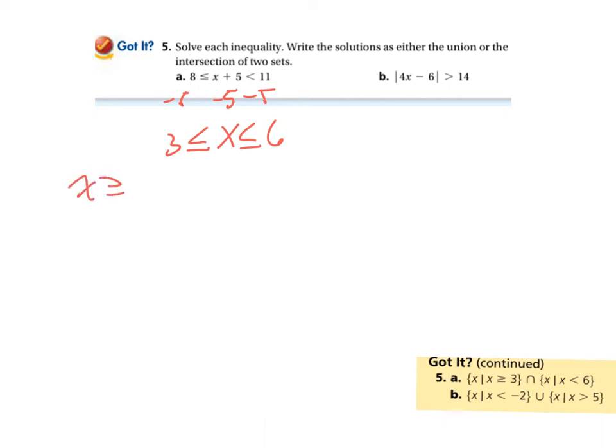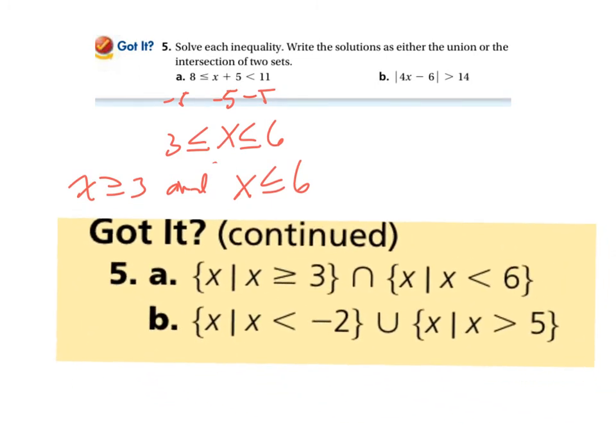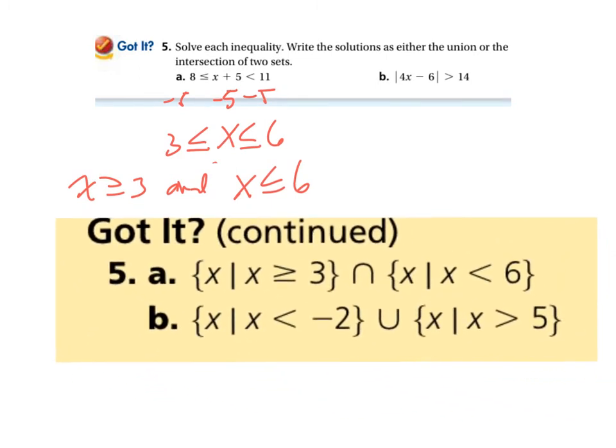We know it's x is greater than or equal to 3, and x is less than or equal to 6. So we can easily write that in set builder notation, right? We say that as x such that x is greater than or equal to 3, and x such that x is less than or equal to 6.